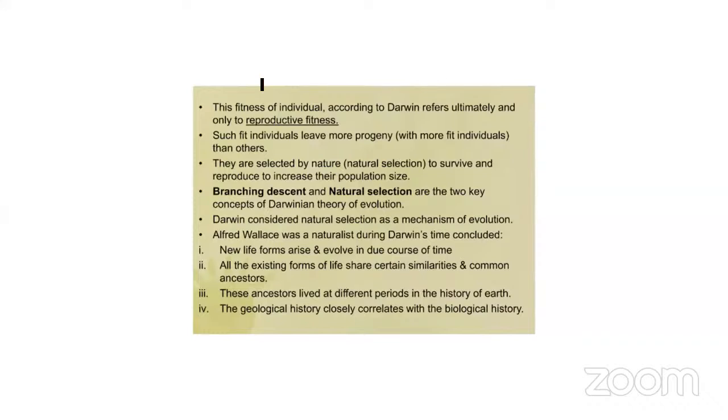Alfred Wallace, a naturalist during Darwin's time, concluded that new life forms arise and evolve in due course of time. All the existing forms of life share certain similarities and common ancestors. These ancestors lived at different periods in the history of Earth.